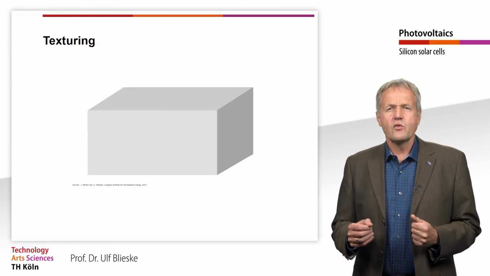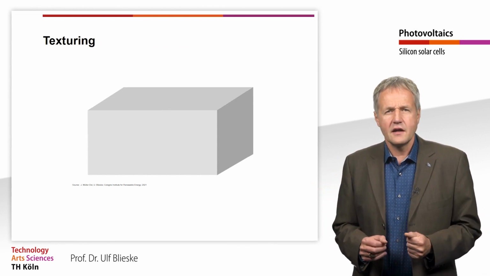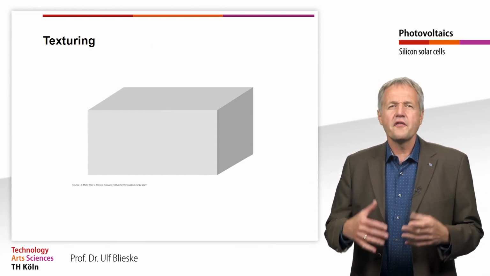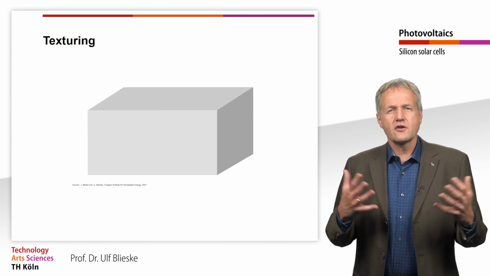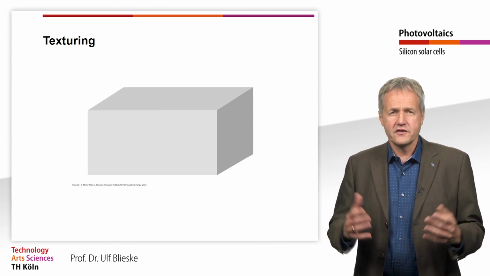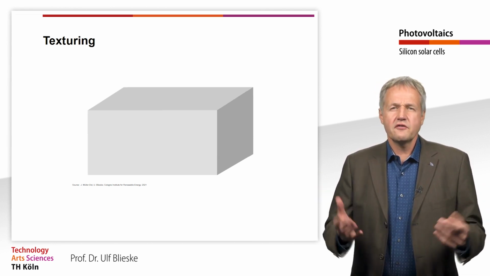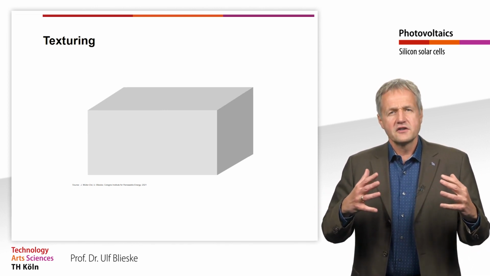In the last chapter, we dealt with various losses that reduce the efficiency of a solar cell. Remember, one of the biggest loss factors is reflection, which can cause up to 36% of the incident light to be lost. To reduce the reflection losses, the surface of the wafer is therefore textured.